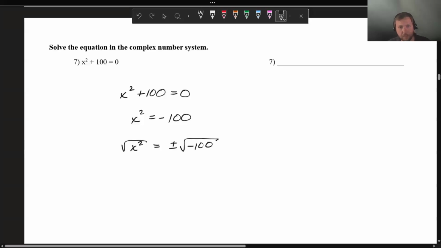So now I have the square root of x squared, so that cancels. And then plus or minus, the square root of 100 is 10. And since I have that negative side, it gives me 10i. So my solutions are 10i and -10i.